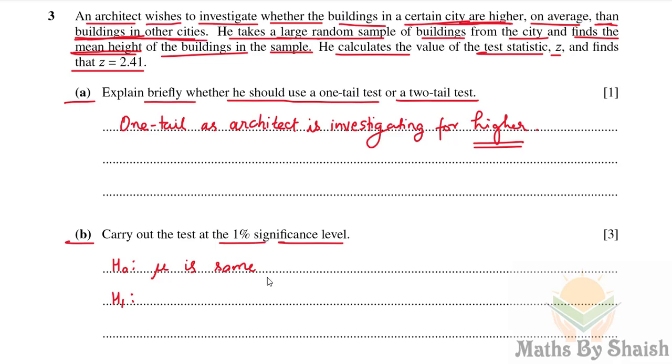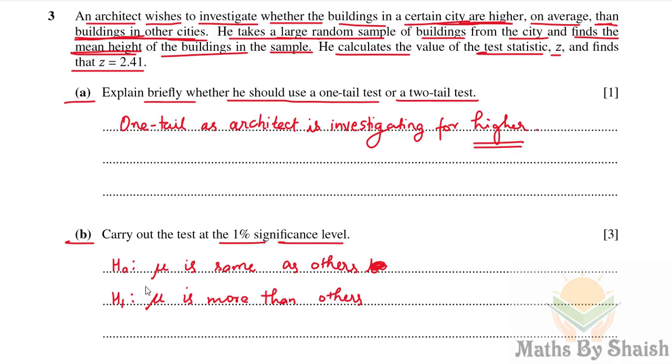So the null hypothesis is that mu is the same as others, where mean is the mean height. And the alternate hypothesis is that mu is higher than others. These are the two hypotheses, H0 and H1.